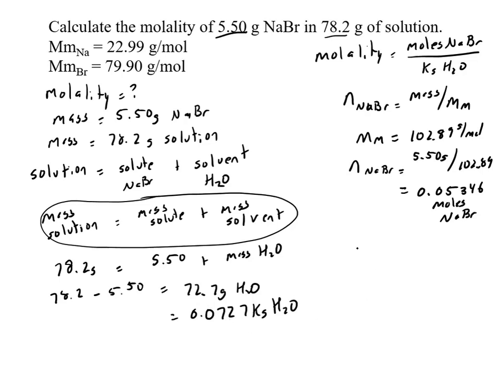So then my molality, which I'm going to write out because the capital M versus lowercase m is very difficult to distinguish, is going to be the moles, which I calculated to be 0.05346 divided by the kilograms of 0.0727. So I've got to get my calculator out.